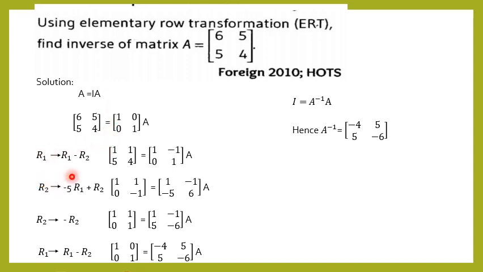The same operations we need to apply on the RHS also. Don't forget it. Then at last we will get an equation like this: I equal to A inverse into A. Then this matrix is the inverse of this A matrix.